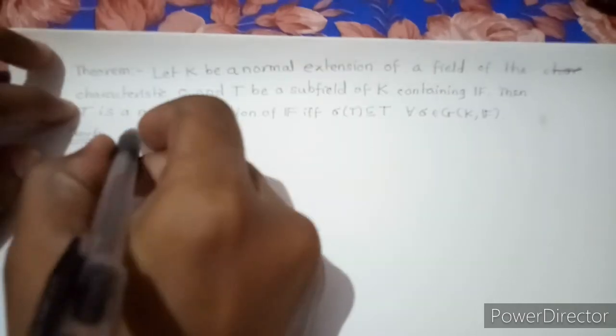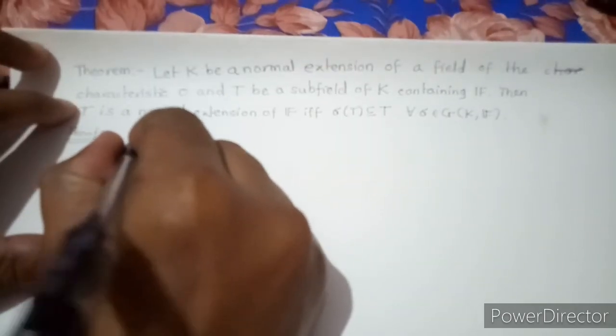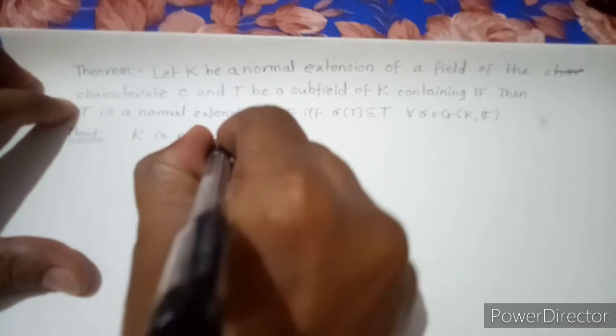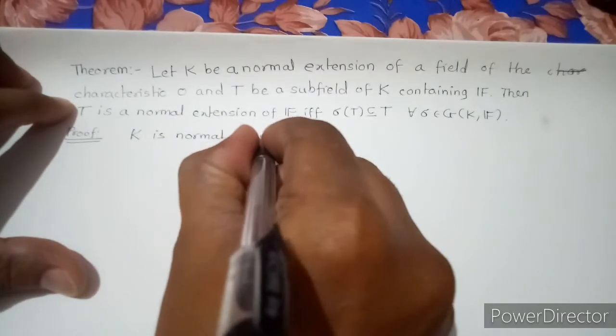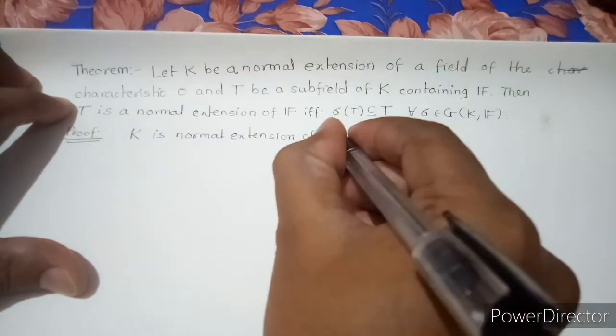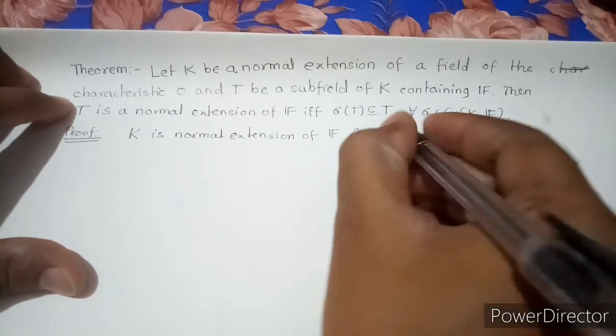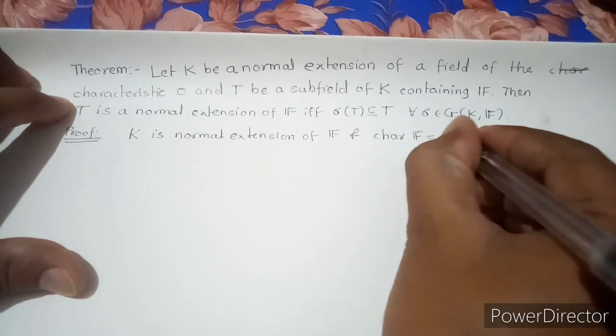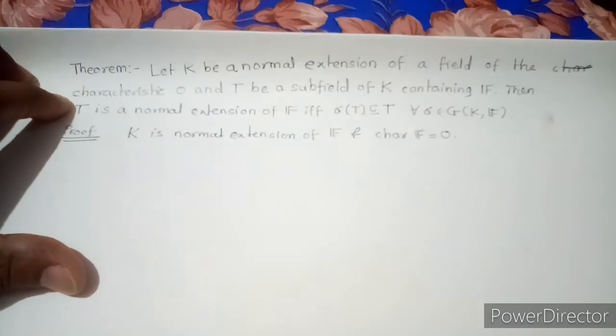So what we are given is K is a normal extension of F and the characteristic of F is 0.